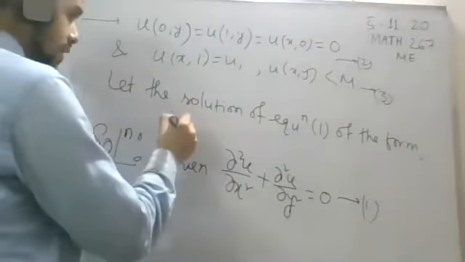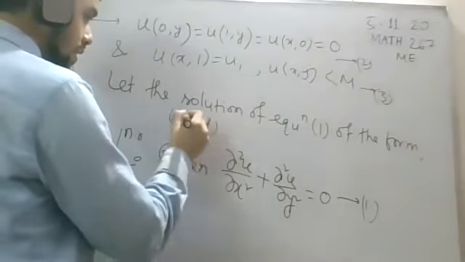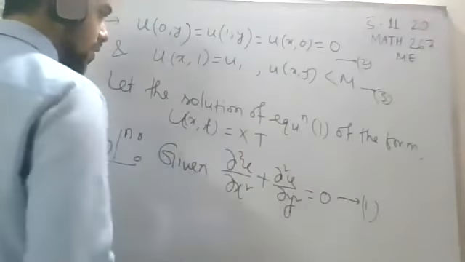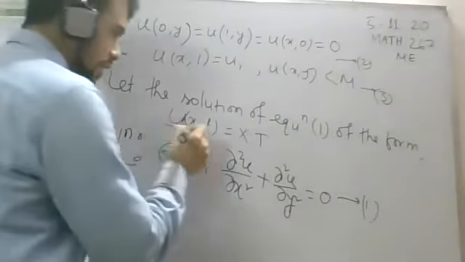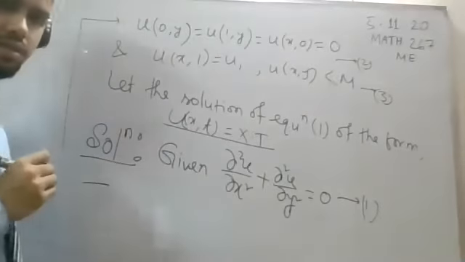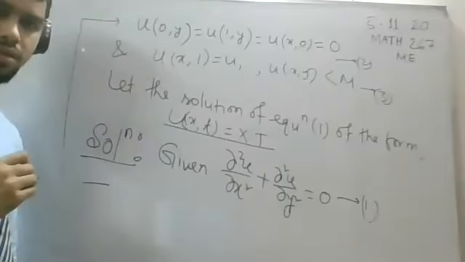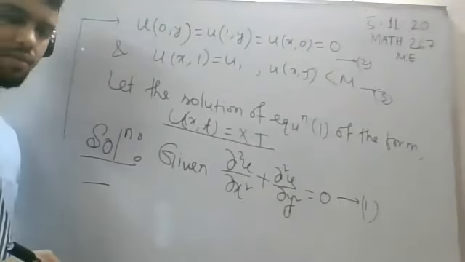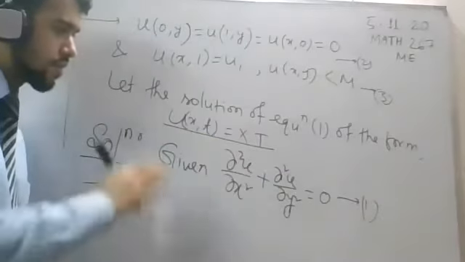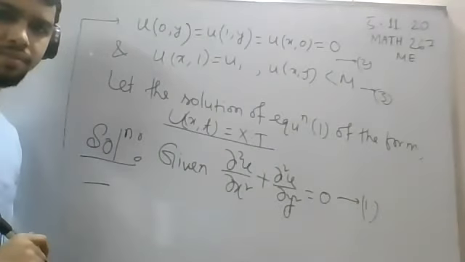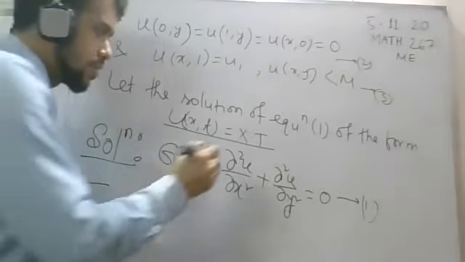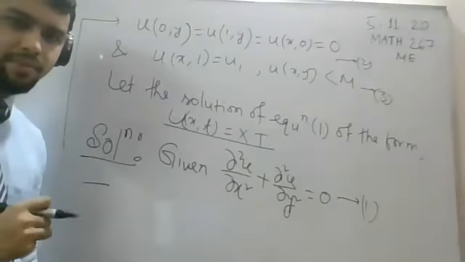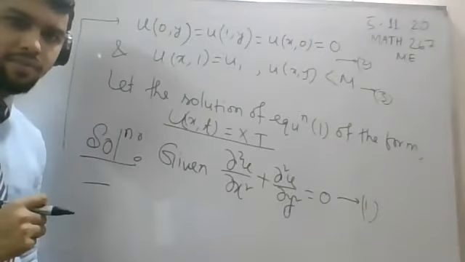You said u(x, t) equals X and T, but is that actually correct? Which two variables do we have to let for solving this kind of problem? Sir, X is a function of only x and T is a function of only t.